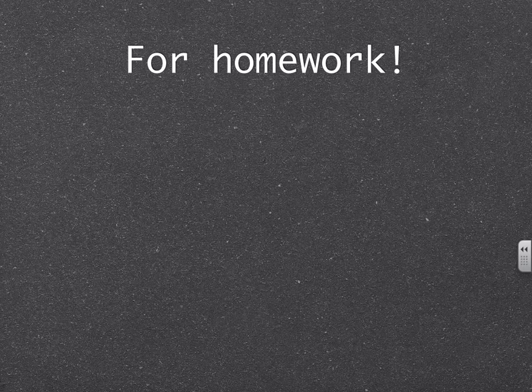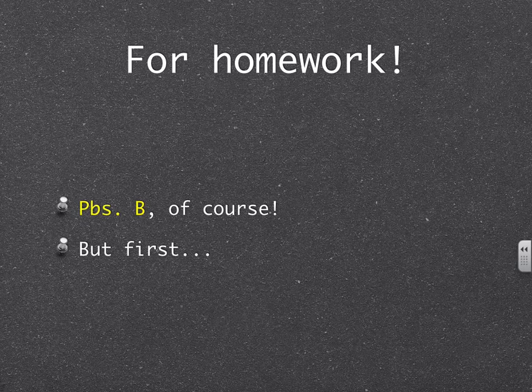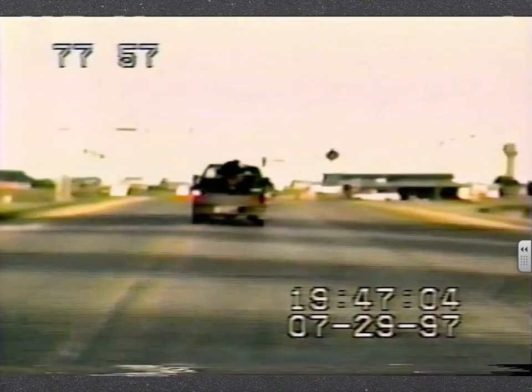For homework, of course, we want to do problems. But first, I would like to show you a little video clip. This little video clip is one that one of my old students sent to me one year, because he said, hey, this reminds me of when you were talking about 18-wheelers and people driving in class.